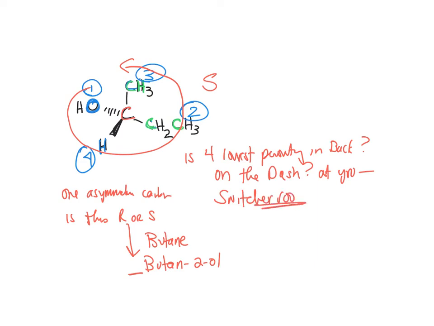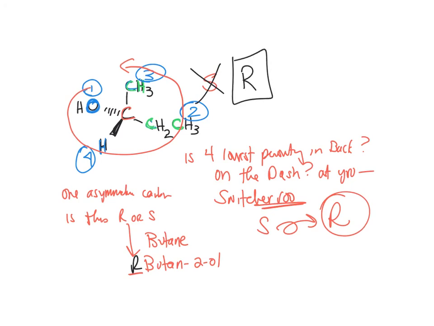The switcheroo means S now becomes R. So this molecule is not S because we had to do a switcheroo. It's an R configuration. Okay, so you need to work those. What about cyclic compounds? Here's S-carvone. Let's look at this molecule real quickly.